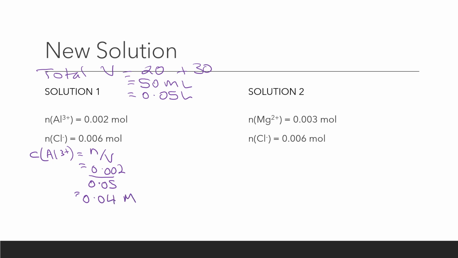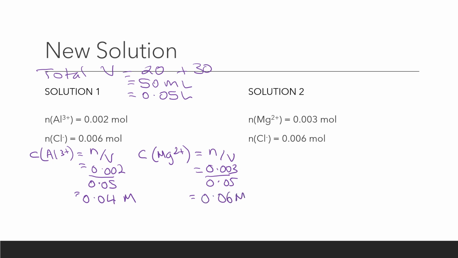Now, we're going to do the easy ones first. So the concentration of the magnesium ions is going to be equal to n on V, which is 0.003 divided by 0.05, which will come out to 0.06 moles per litre.